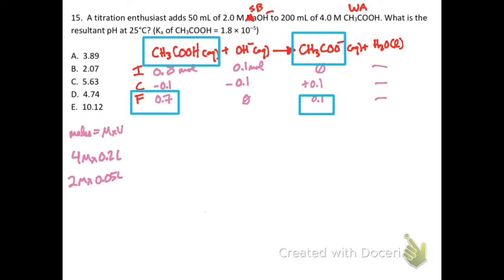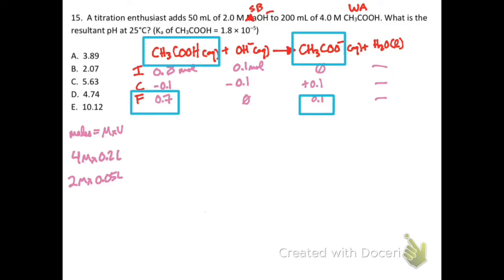We have a conjugate weak acid, weak base pair together in appreciable concentrations in the solution. Oh my goodness, what are we dealing with? That's right, we're dealing with a buffer solution.